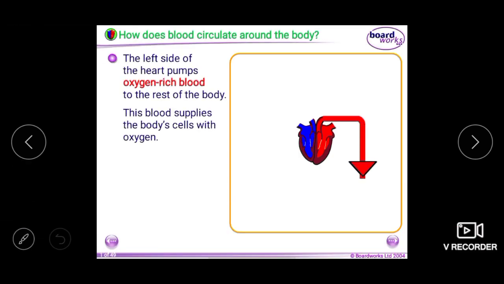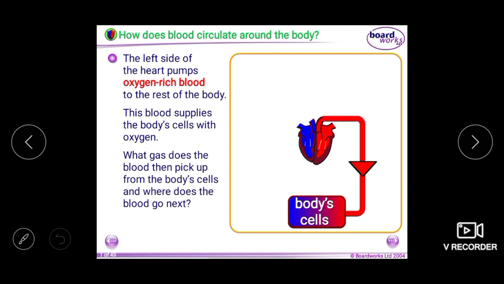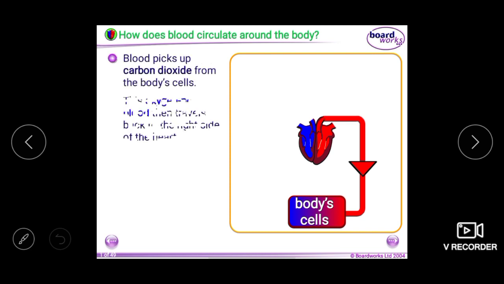The left side of the heart pumps oxygenated blood to the body cells, and this oxygenated blood changes to deoxygenated blood as it loses its oxygen and picks up carbon dioxide. Then the deoxygenated blood moves to the heart from the body cells.